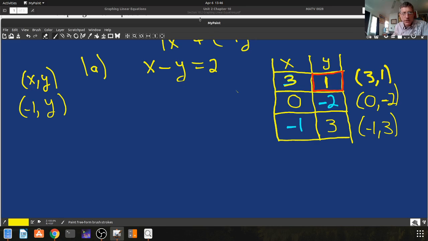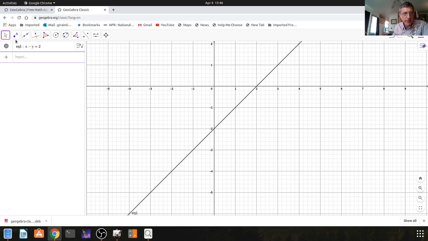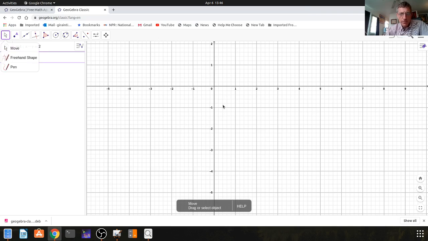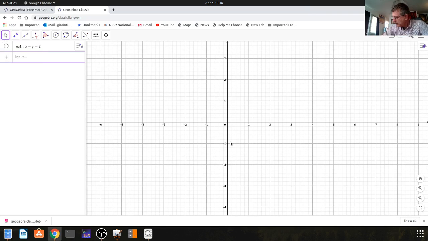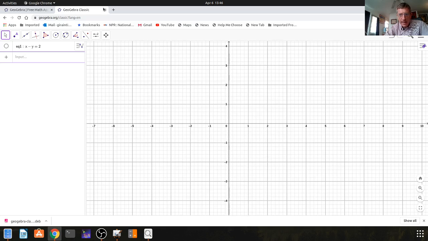But now I'm going to show you the graphical way we could check our answers. So what we're going to do is we're going to plot 3 and 1.